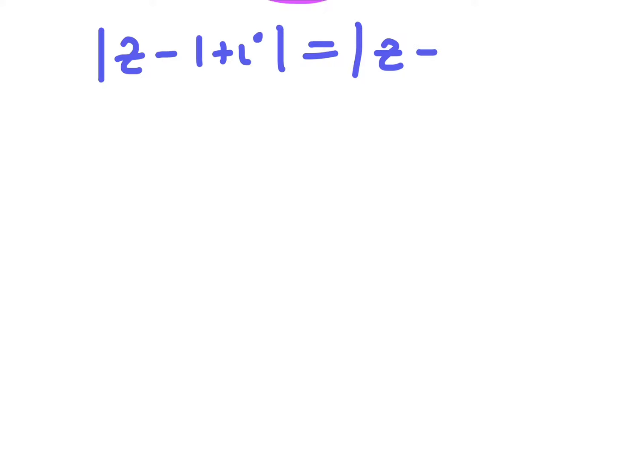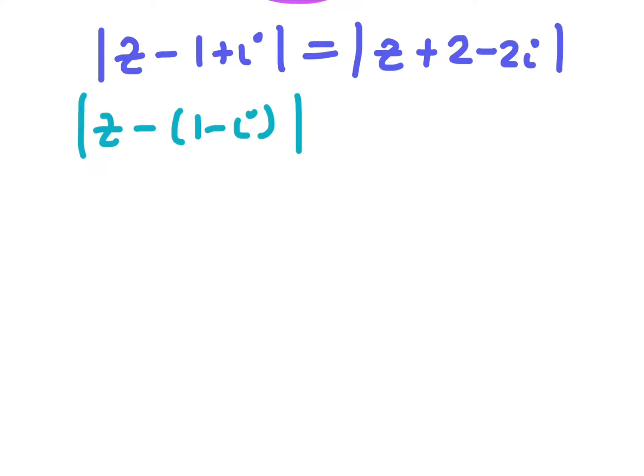Okay, so we're just going to look at another one that is the perpendicular bisector, but I'm just going to make it a little bit different, if we wanted to sketch this one, and then we'll go plus 2 minus 2i. Okay, so if you wanted to sketch this, this is z minus 1 minus i, so take out the negative, and this is z minus 2 plus 2i.